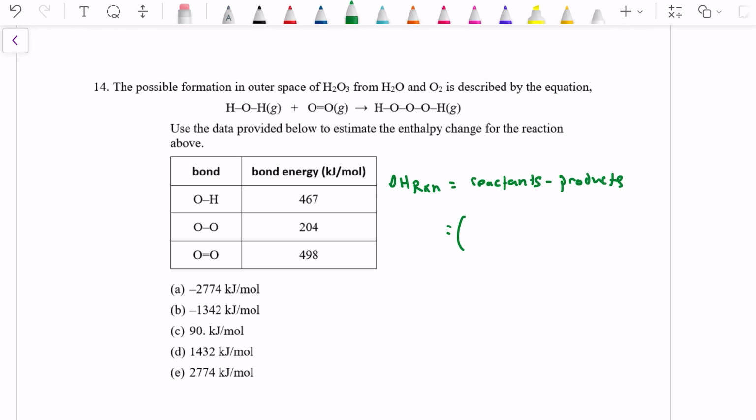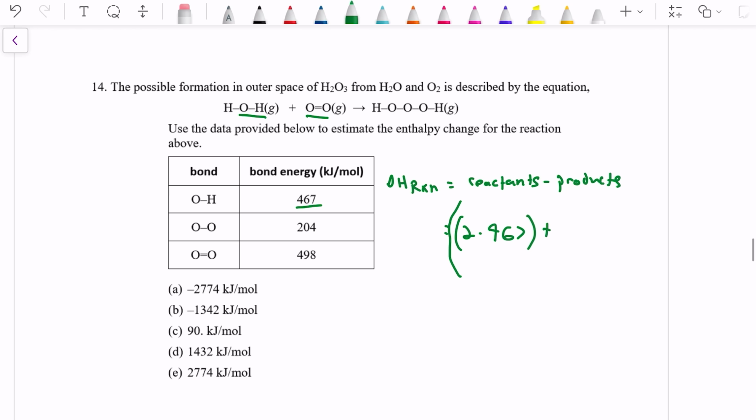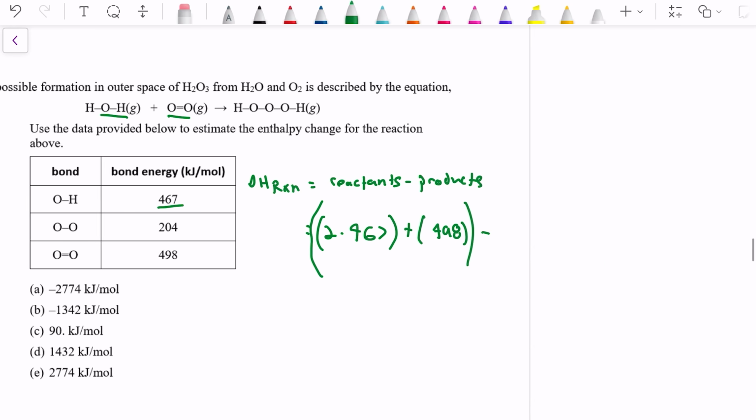Water has two OH bonds, which is 467. So 2 times 467, and I'll put this parenthesis as my entire reactant. My other reactant is oxygen, and there is one oxygen-oxygen double bond, so just plus 498. There's my reactants. Let's subtract products.